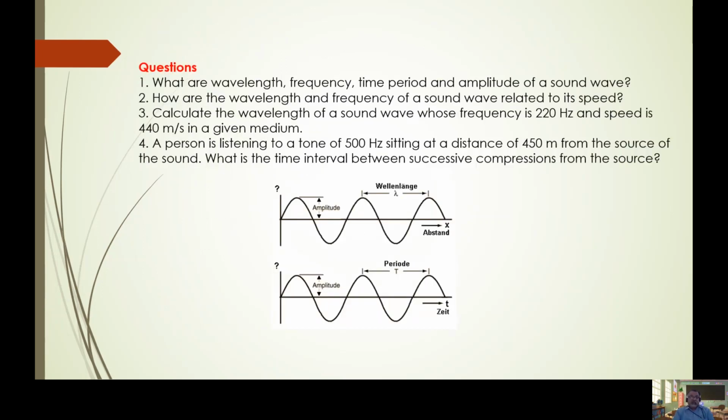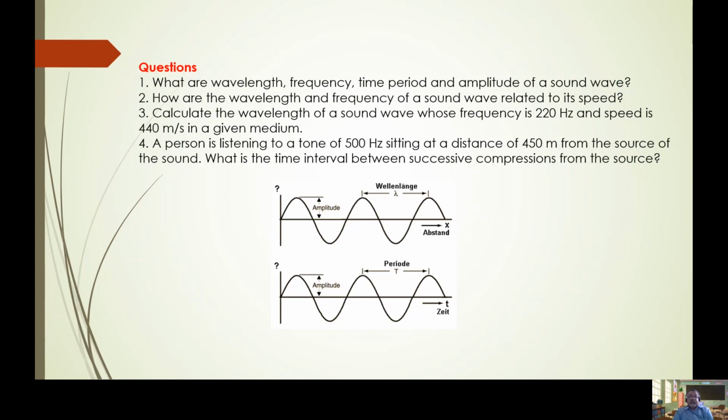A few questions again. What are the wavelength, frequency, time period and amplitude of sound waves? In the picture, it's given clearly what the amplitude is, what the time period is, the frequency, etc. The other two: please calculate the wavelength of a sound wave whose frequency is 220 hertz and speed is 440 meters per second in a given medium.